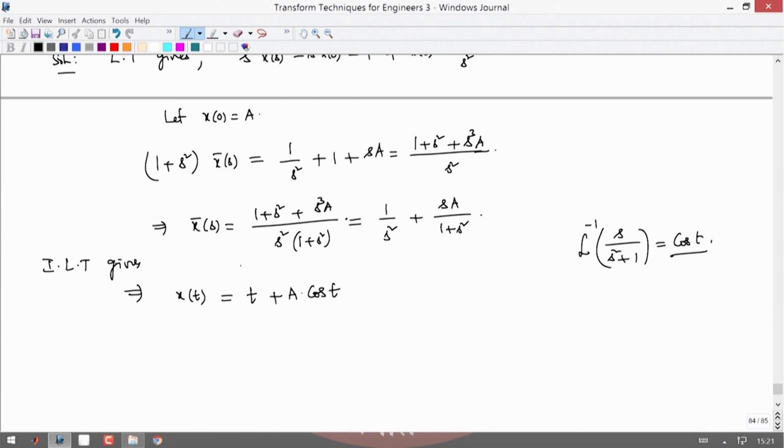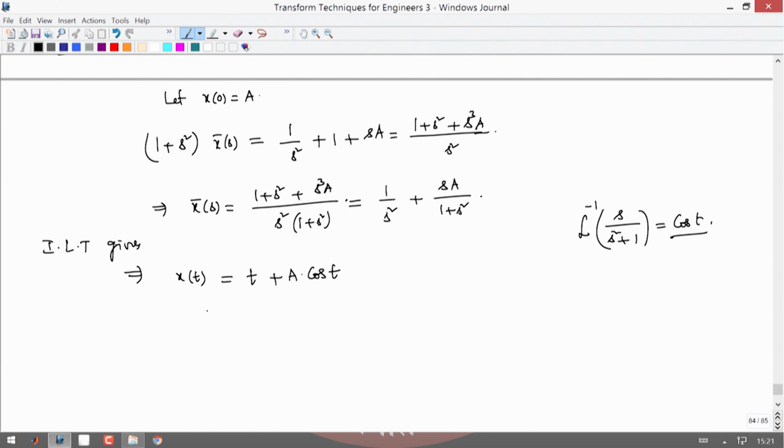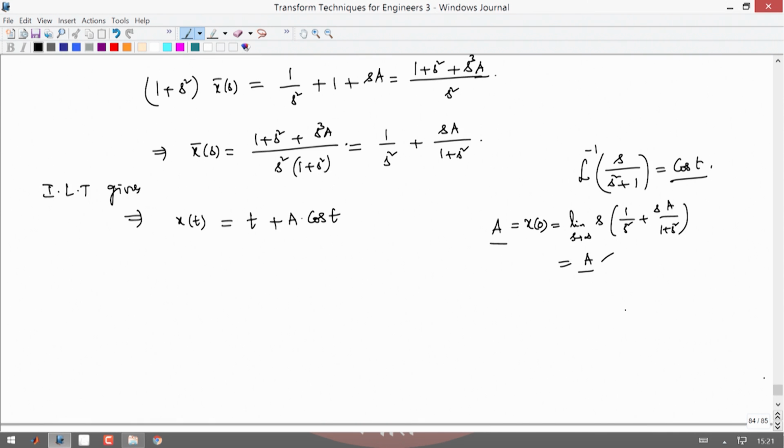Let me see what happens if I use it: x of 0, which is a, is equal to the limit as s goes to infinity of s times x bar of s. What is x bar of s? That is simply 1 by s² plus s a by (1 plus s²). If you calculate this, the first part is going to be 0, and in the second, s² by s² is simply a. So, a equal to a, you do not gain anything.